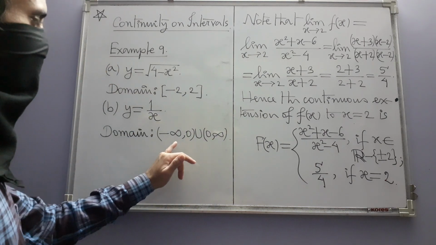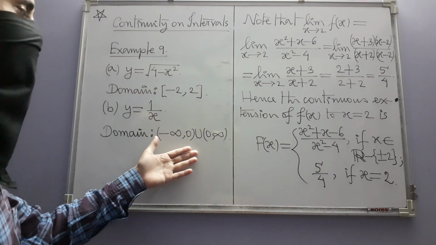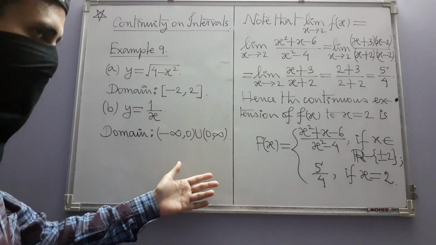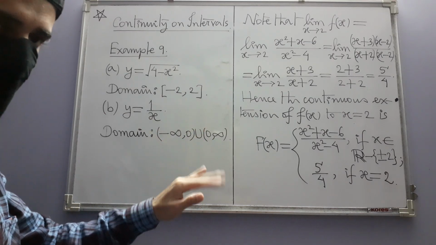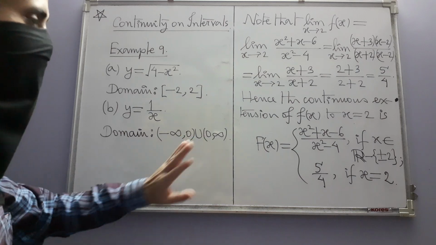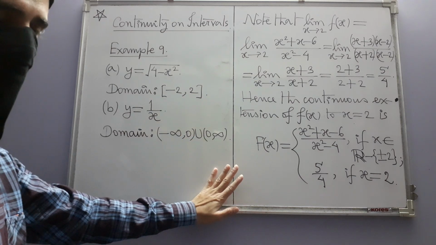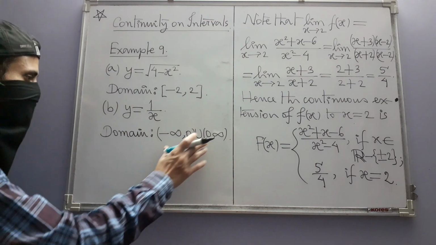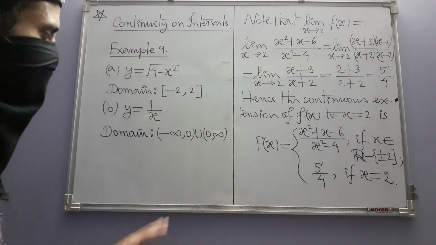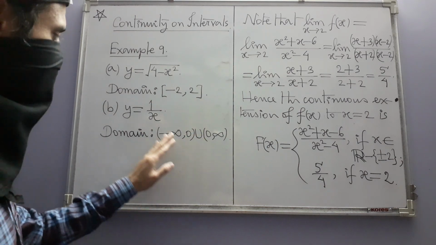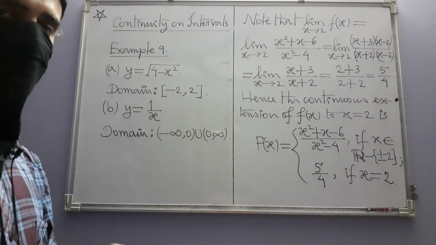You can say that it is continuous at every point in its domain, because 0 is not a point in its domain, but it is not continuous at every real number. So in that respect, actually these two functions are almost the same. In their domains, they are continuous everywhere.